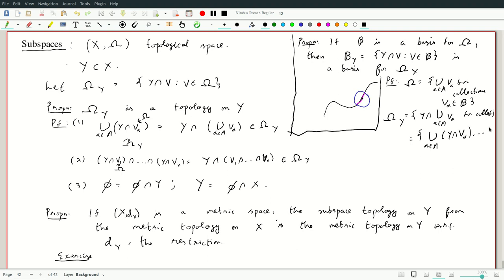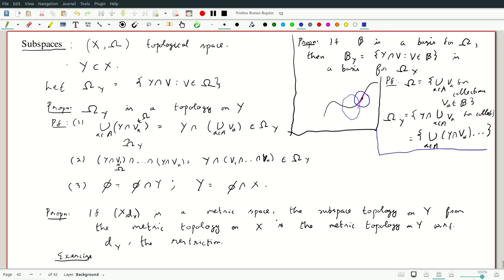Again we are using distributivity. I haven't spelt out exactly what these collections are, but it's quite obvious. You look at open subsets, like these open balls, and take a union of these. So we could have several of these sets, and we are looking at the union of these intersected with Y. It's the same as intersecting each of these with Y and taking the union. So we will exactly see that this basis is the basis.